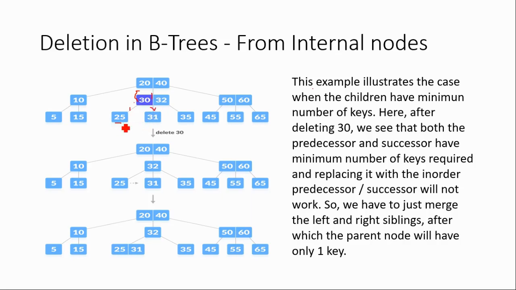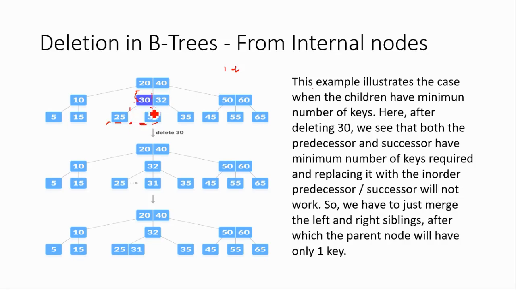So both contain one element. Now we have seen that 1 is the minimum number of elements that can be stored in any node except the root. So we cannot borrow any key from any of the siblings.